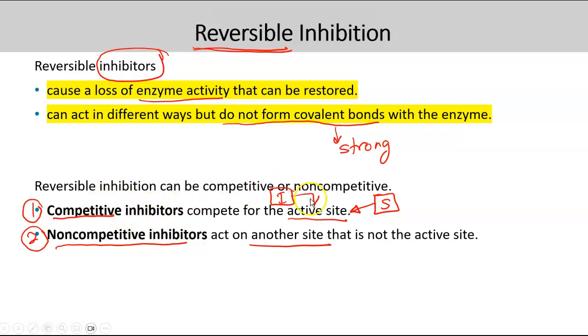Competitive inhibitors compete for the active site, and non-competitive inhibitors do not compete for the active site but will bind to a different site or different region of the same enzyme. And both of them are called reversible inhibition, which means enzyme activity can be restored.